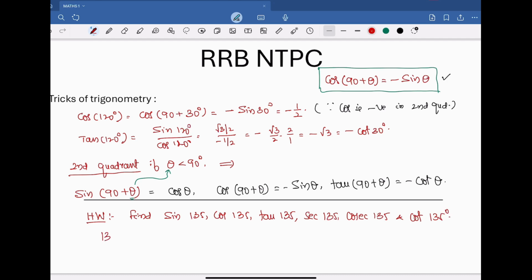All 135 is in the second quadrant. Okay.